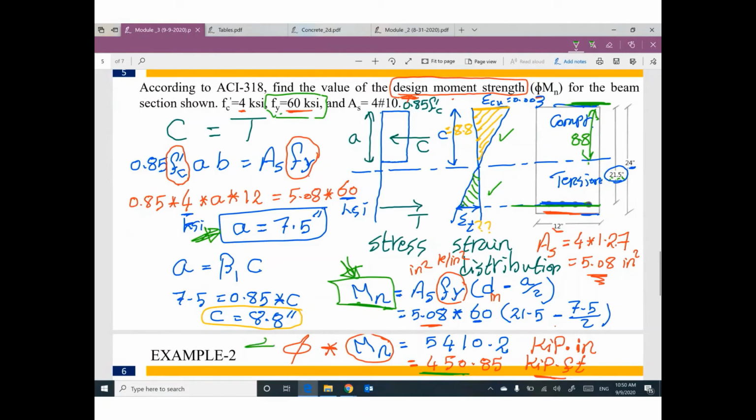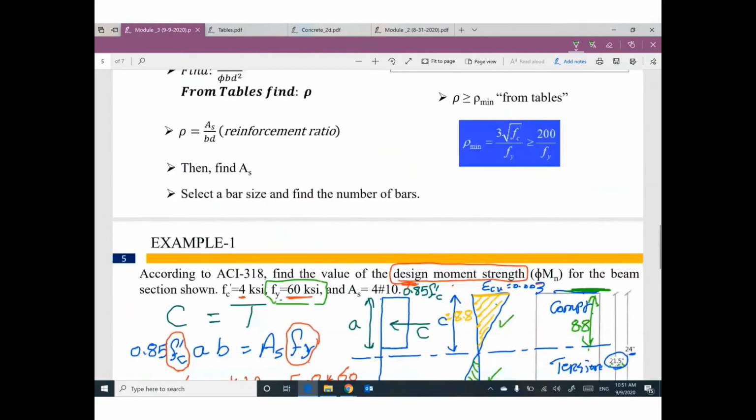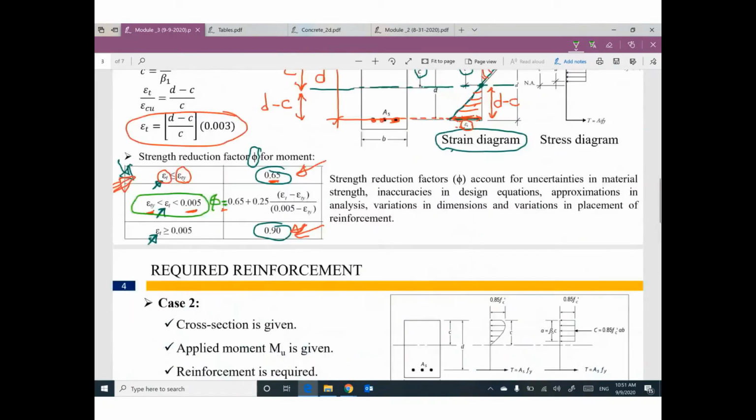So how can I figure out the value of phi? We need to figure out the value of strain in steel reinforcement. This value can be figured out using triangle similarity. Once you figure out the value of strain, you can figure out which equation or which value I will use for phi.